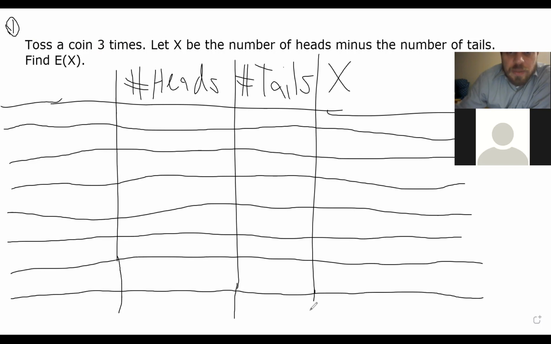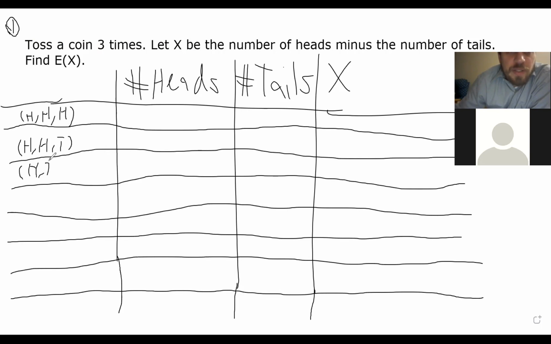Okay, so now these are all the possibilities. If you toss a coin 3 times, you're going to have heads, heads, heads. The order of the triple is the order of the results of the flips. So it's heads first, heads second, tails third. That's that one.